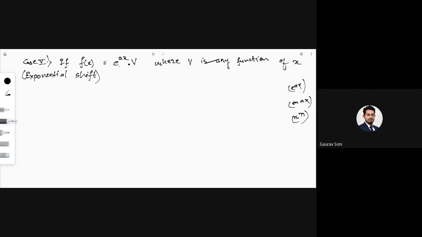So now, what is the rule? The rule says that 1 upon phi of d acting on e to the power ax into v is equal to e to the power ax, 1 upon phi of d plus a acting on v.